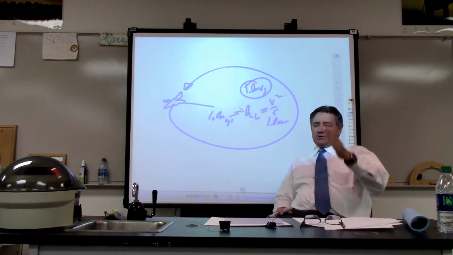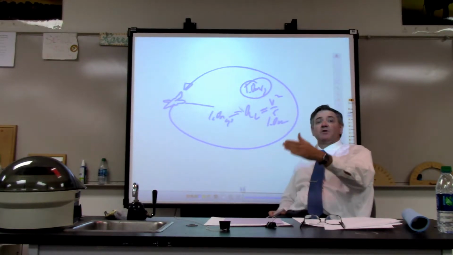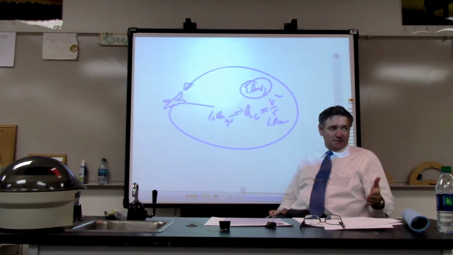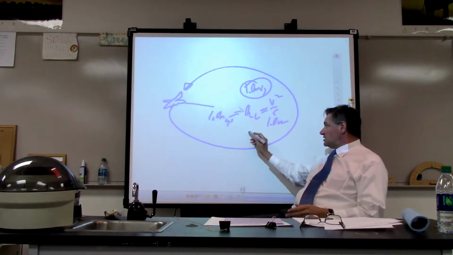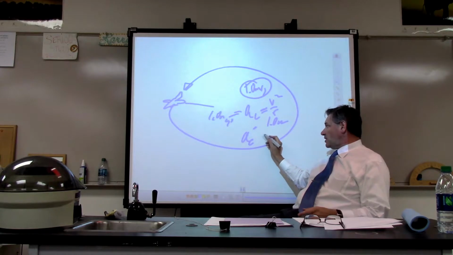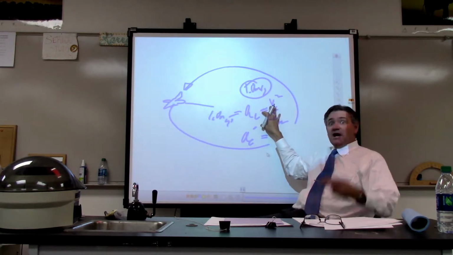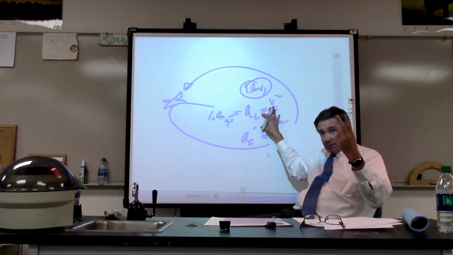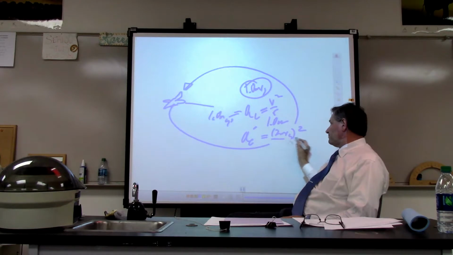Now, what are we going to do in the next change? We're going to change the situation. What are we going to do to the velocity? We're going to double it. So my new acceleration, what I'm going to call AC prime because that's going to be the new one, now has a velocity of 2 meters per second, but I'm going to square it.